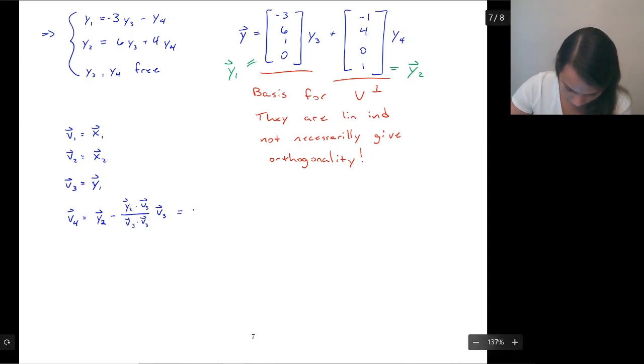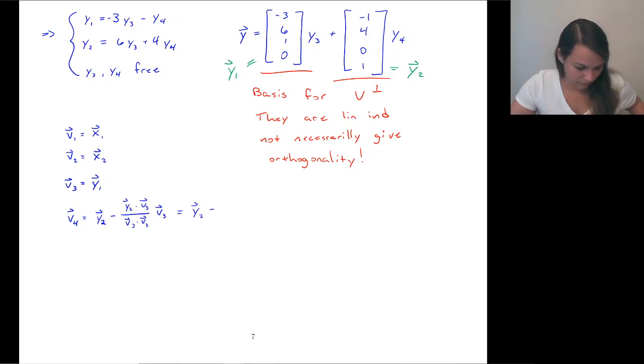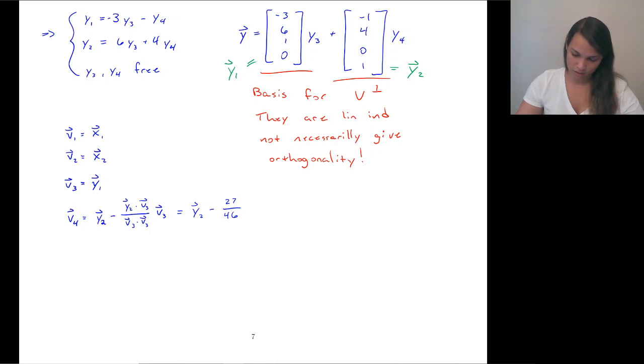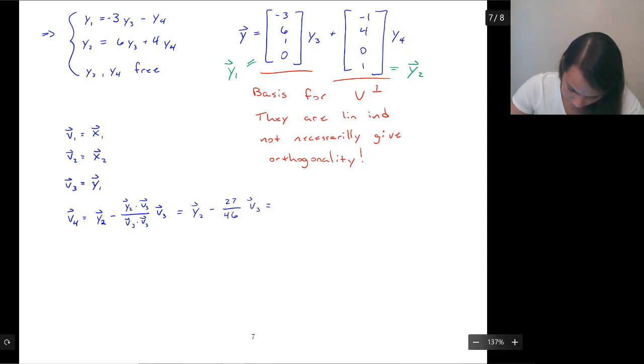So let's go ahead and do that. Let's grind that out. So y2 dot v3, that is going to be 27. And then v3 dot v3, which is just y1, that's going to be 46. It's 9 plus 36 plus 1. Yep. And then times V3. So let's plug these numbers in.